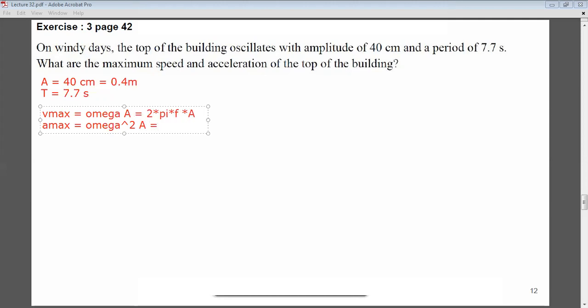Now what is f? F is equal to 1 over T, which is 1 over 7.7, which is 0.13 hertz.